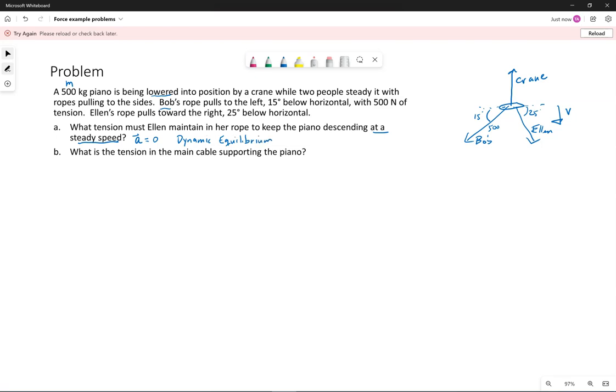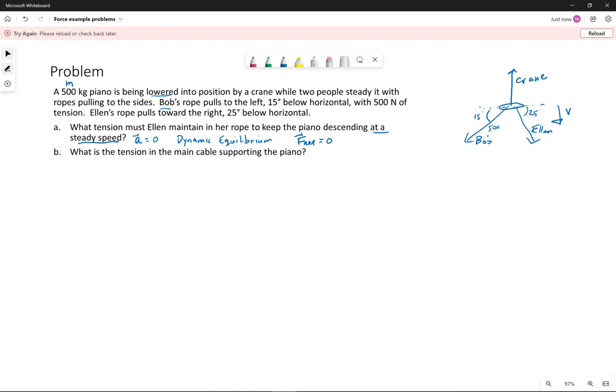Equilibrium meaning there's no acceleration, dynamic meaning there's motion. But nonetheless, we still approach the problem the same way. We know having no acceleration means there's no net force, so the forces need to balance out in the x direction and the y direction.